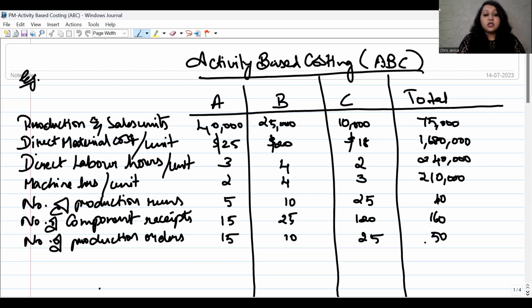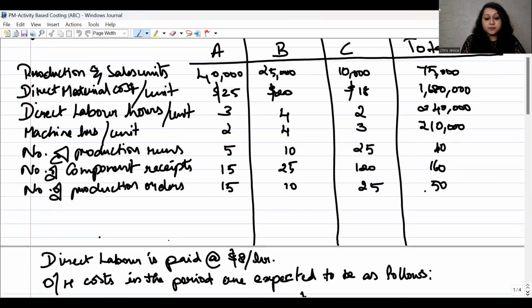Then you have been given direct material cost per unit for all three products, direct labor hours per unit for all three products, and machine hours per unit, number of production runs, number of component receipts, and number of production orders. So this is the information we have been given.